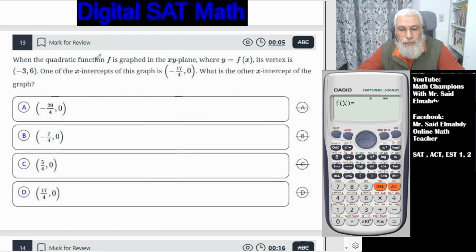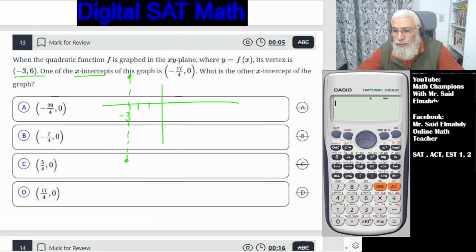When the quadratic function f is graphed in the xy plane, where y equals f of x, its vertex is at negative 3, 6, and one of the x-intercepts is negative 17 over 4.